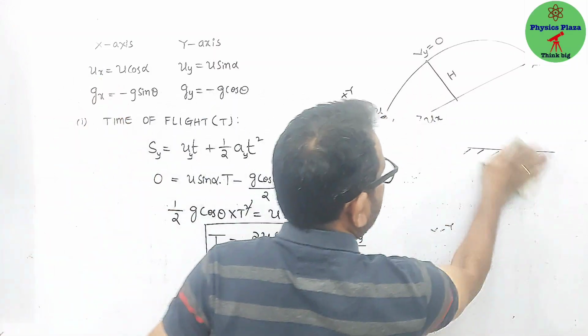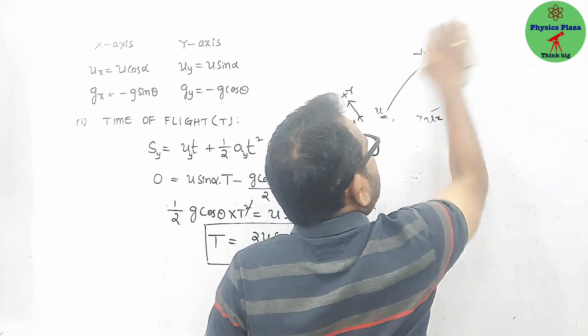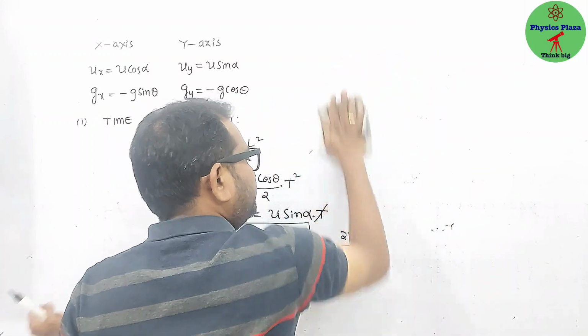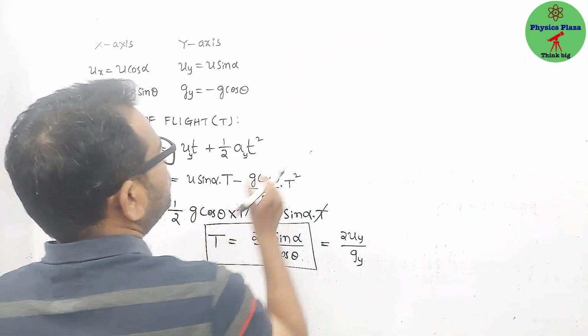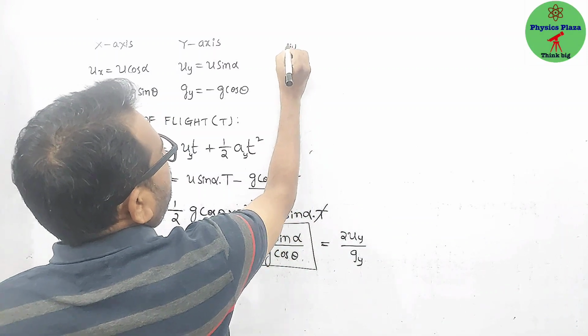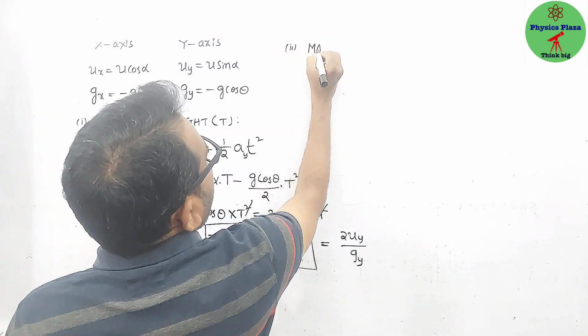Anyhow, we have the components along the x-axis and along the y-axis. Now we are going to derive the expression for maximum height.